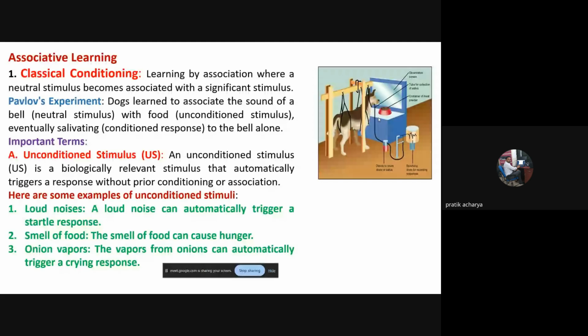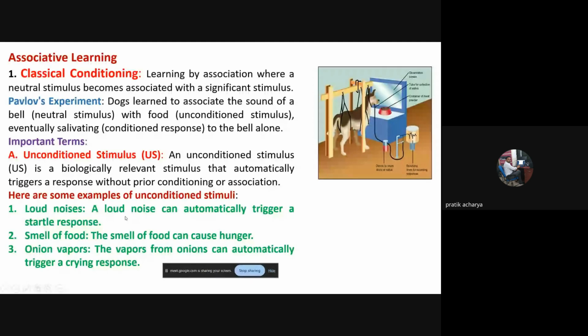Classical conditioning is learning by association, where a neutral stimulus becomes associated with a significant stimulus. If we discuss certain examples, you can understand it very well. I'll discuss this example, whose pictorial presentation is in your slide.